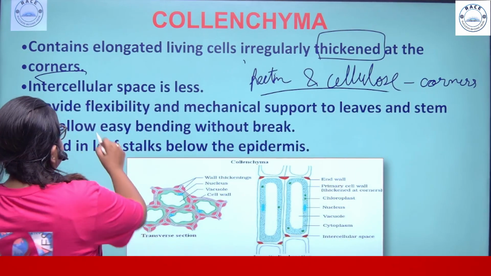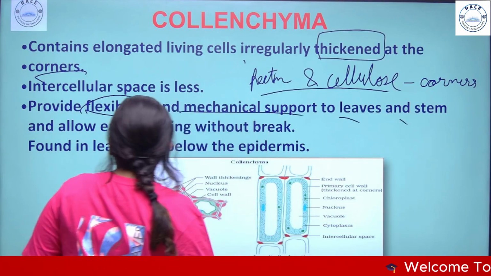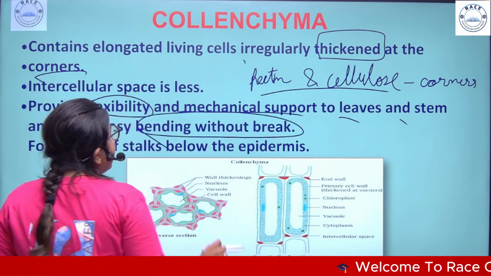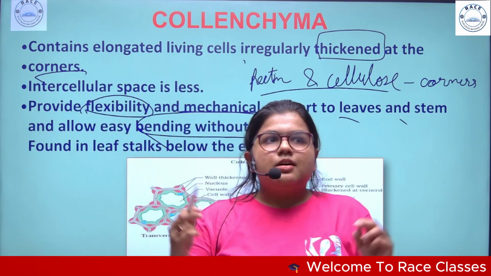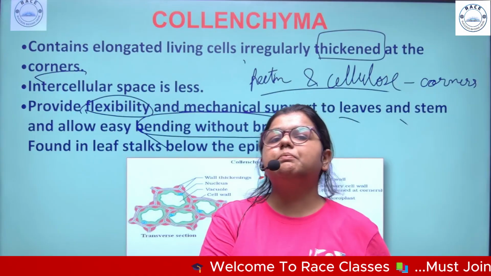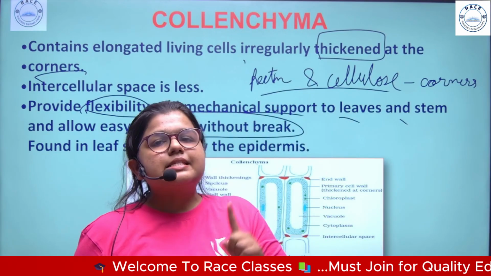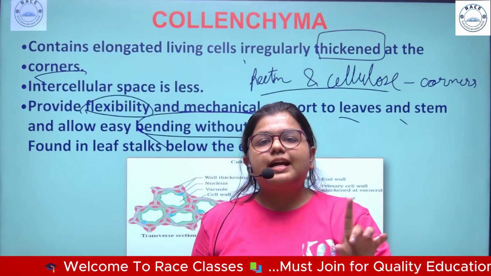Provide flexibility and mechanical support to leaves and stem and allow easy bending without breakage. Now, there are two major tissues present in plants that help in giving mechanical support. One is collenchyma, one is sclerenchyma. Sclerenchyma is dead, collenchyma is living.